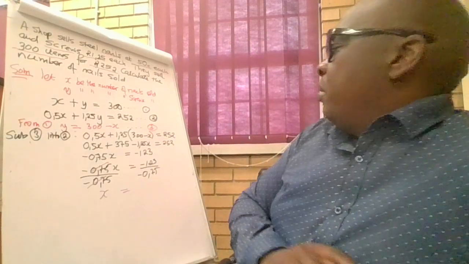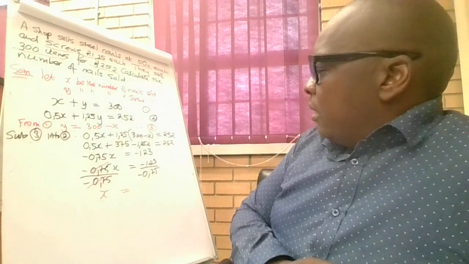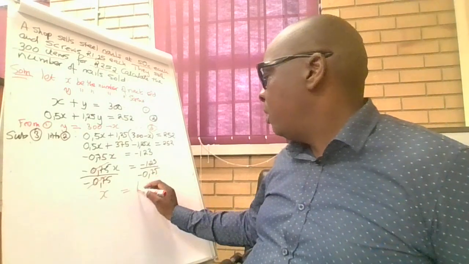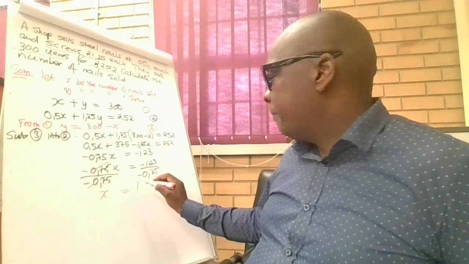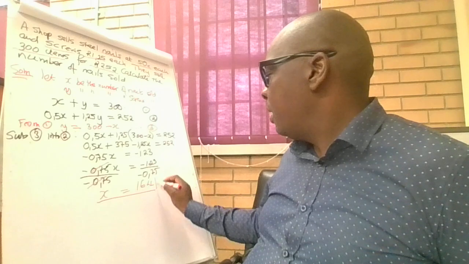You divide minus 123 by minus 0.75. That should give me quickly 164. So x is equal to 164.